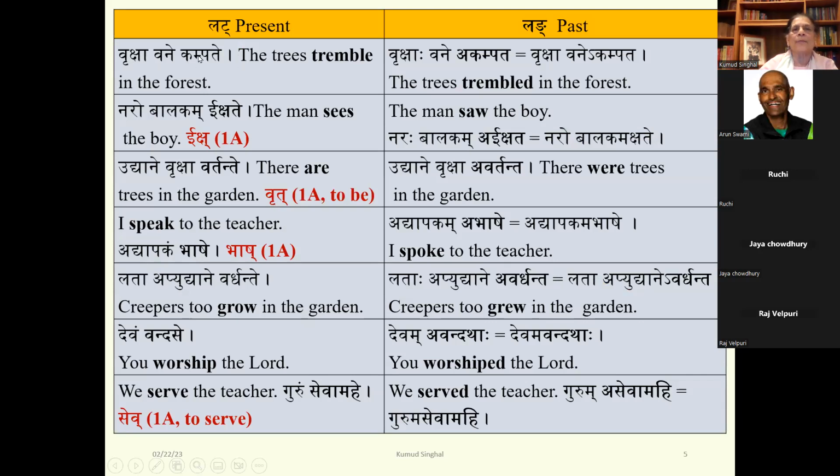So the trees tremble in the forest, and here the visarga is dropped. It is plural, trees, but since it is followed by a soft consonant, the visarga is dropped.